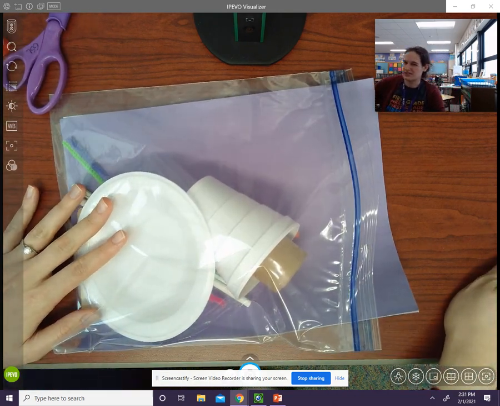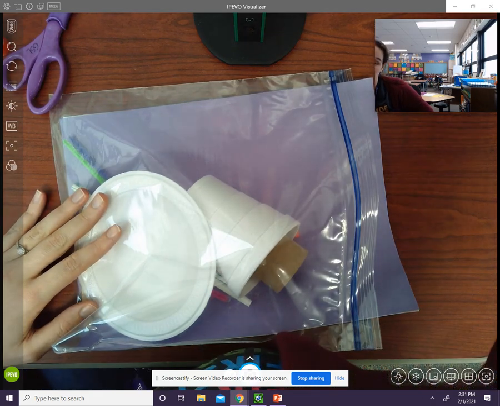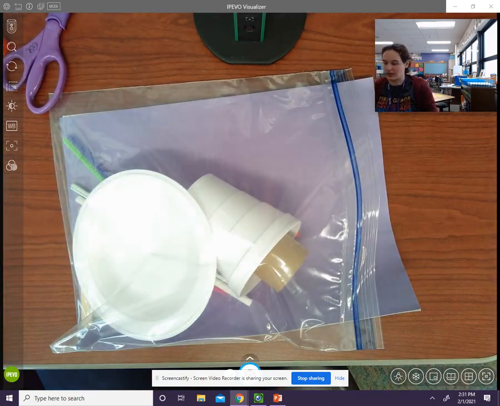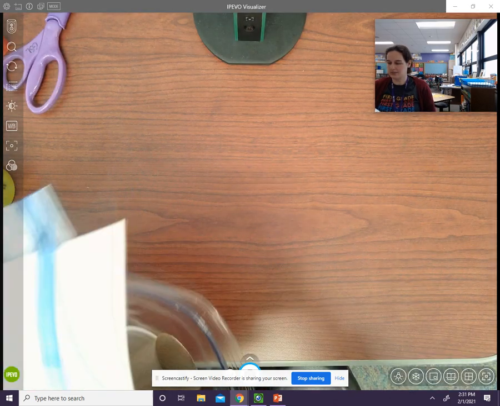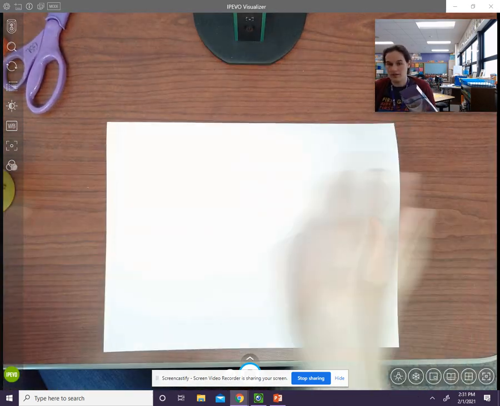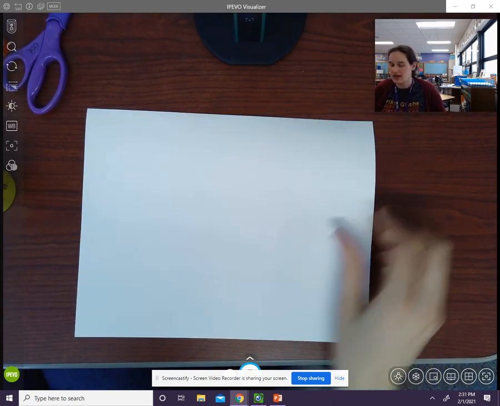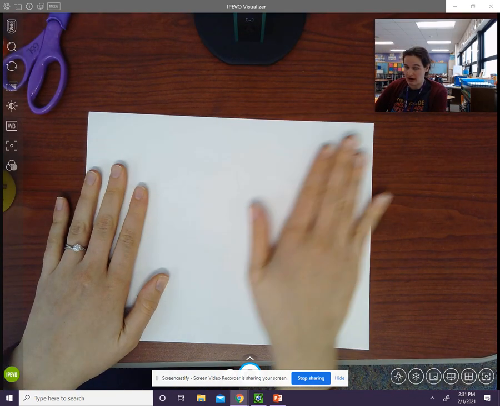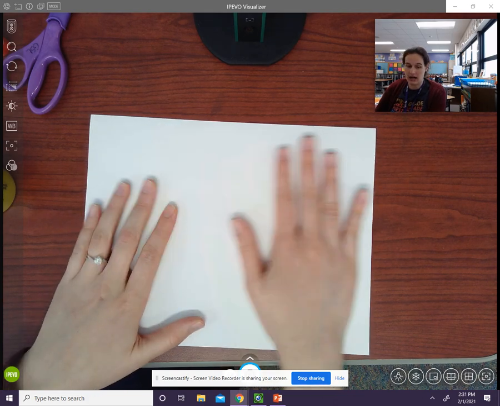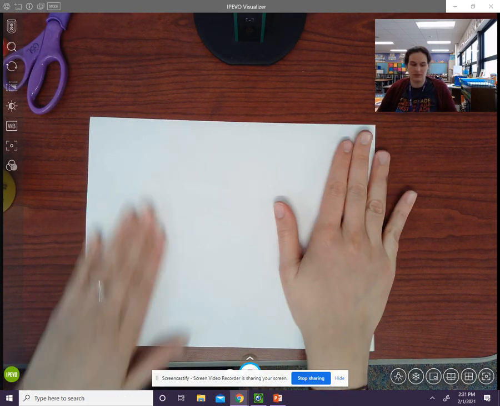I'm going to scoot over to the side a little bit so I can properly reach everything. Okay, so inside our bag, we have this really firm piece of paper. And this firm piece of paper we call cardstock. And this is going to be the base of your playground, okay? So everything you build is going to go on top of this cardstock, okay?